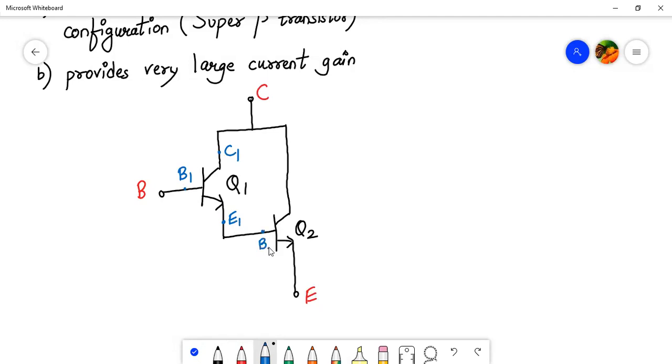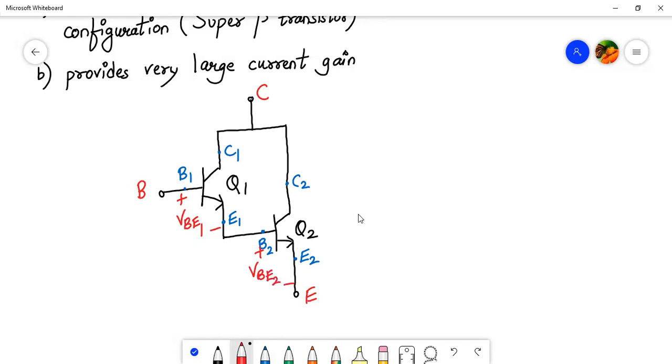This will be base 2, collector 2, and emitter 2. Let me also mark the various currents. So voltages will be here, it will be plus minus VBE1, and here it will be plus minus VBE2.